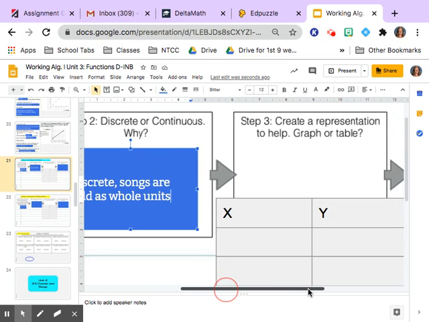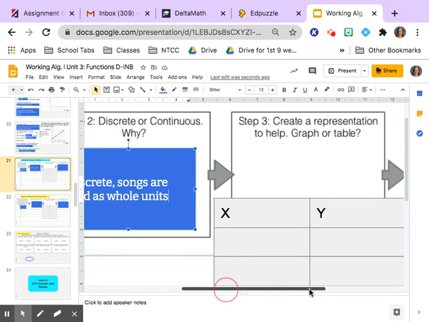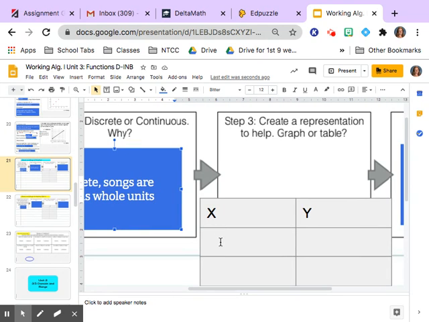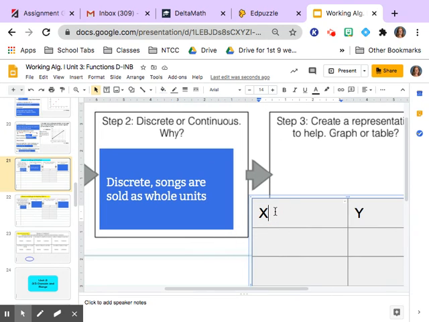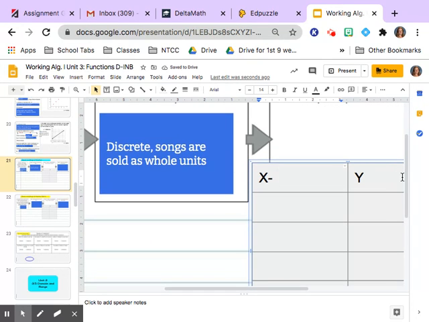Okay. Step 3, create a representation to help, graph or table. So we're going to do a table. What does X represent? Let's write that out here. Yeah. Number of songs. What does Y represent? Cost.